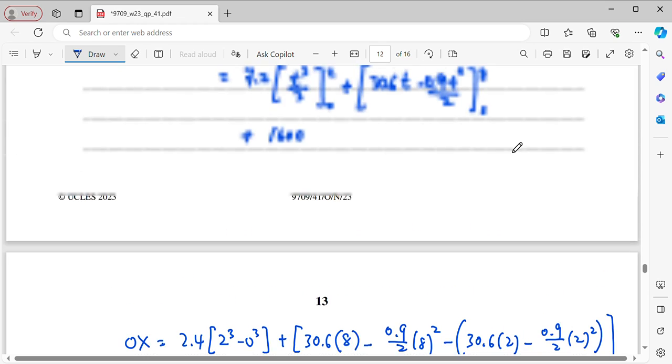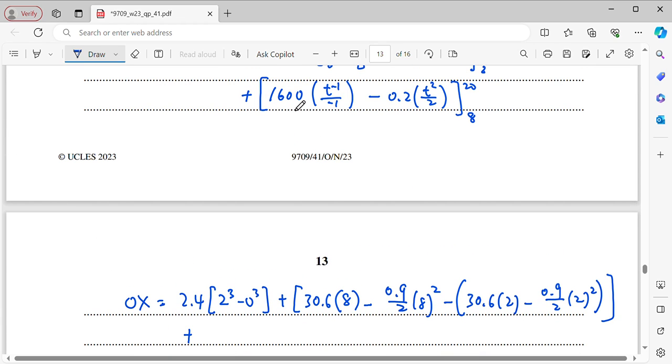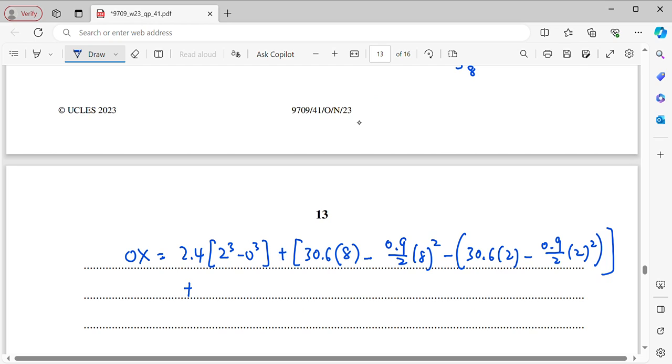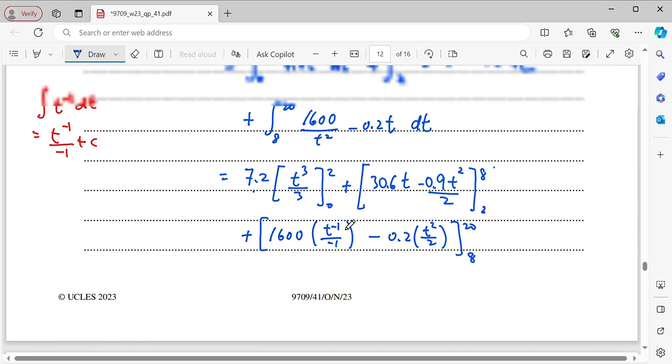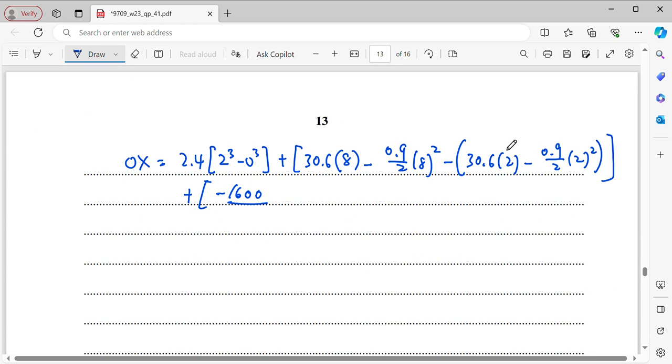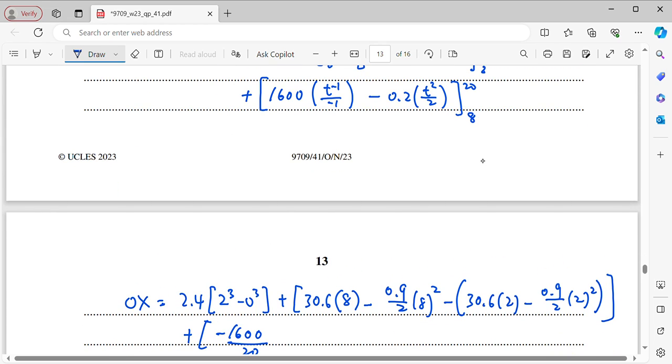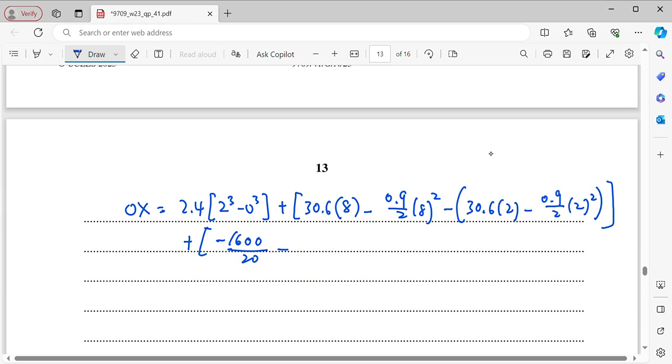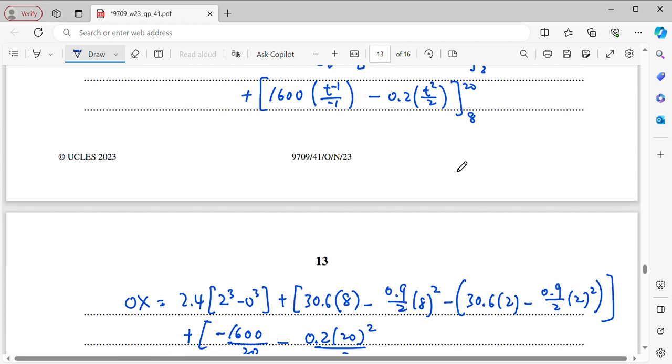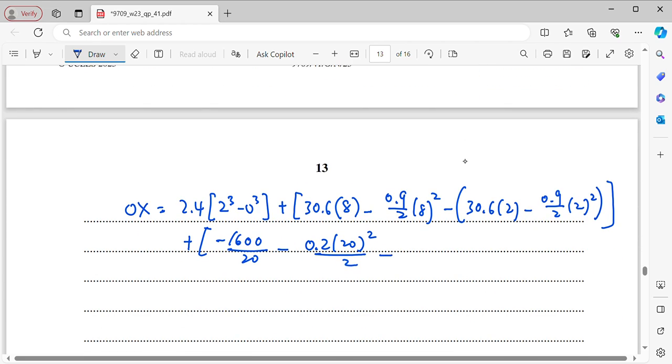Then lastly, you get 1600 over negative 1, which means negative 1600 over t, t to the power negative 1, so the t is replaced by 20. Then minus 0.2 t squared, t is 20, over 2. That's the value when you replace by the upper limit. Then minus when it is replaced by the lower limit, which is 8.